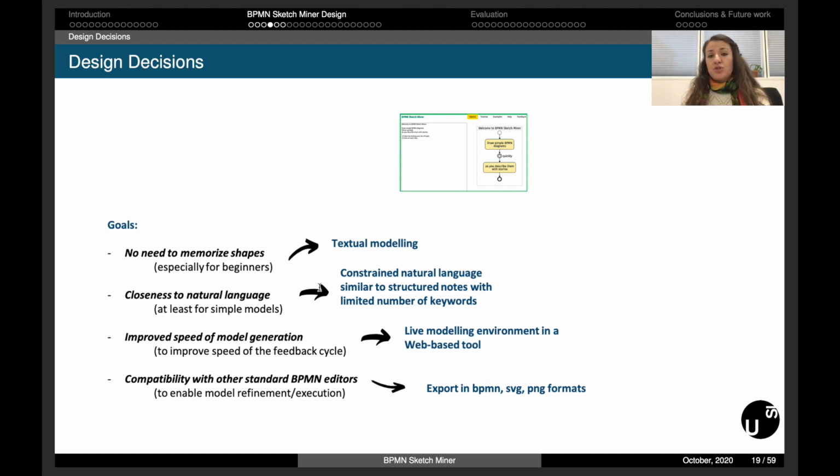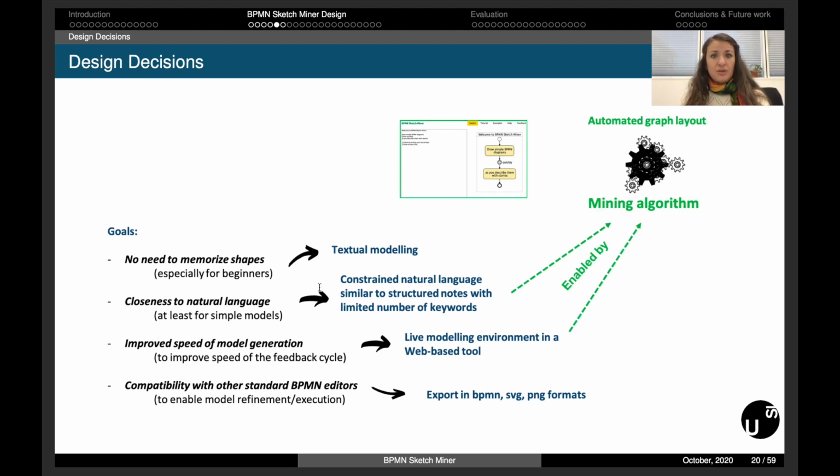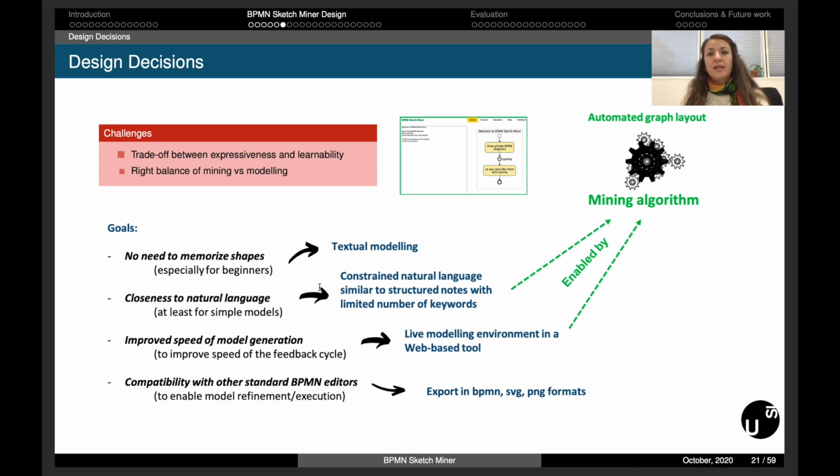Basically, the possibility to have a limited number of keywords and also to have a faster generation of the model is given by our decision to use a mining algorithm in the background, which automatically creates the model and the layout of the graph. Of course, this comes with challenges because we need to decide the right trade-off between expressiveness and learnability, and also the right balance between mining and explicit modeling.